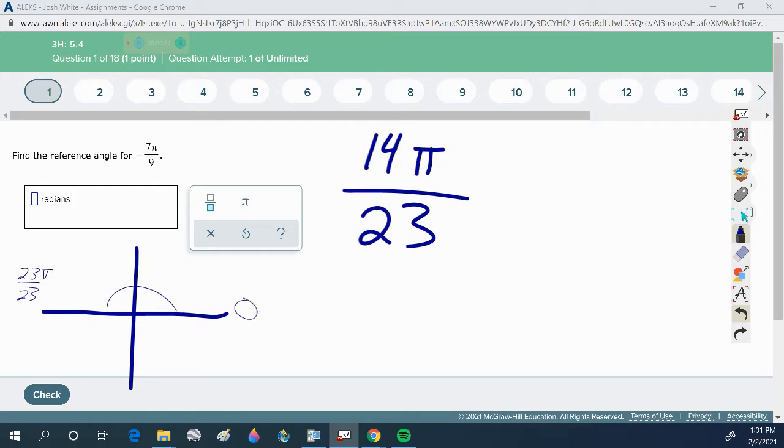So is 14 closer to 23 or closer to 0? So it's going to be quadrant 2. Now, how big is that angle? How many more 23rds do I need to go from 14 to 23? 9. So the reference angle in that case is 9 pi over 23. Do you want to see any more of those?